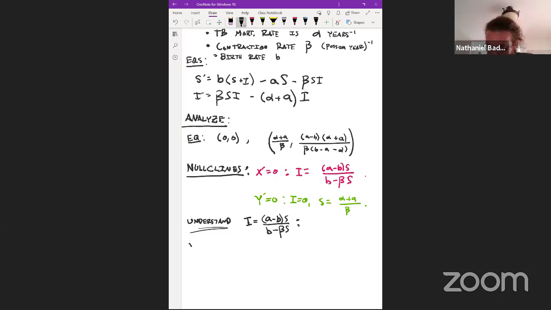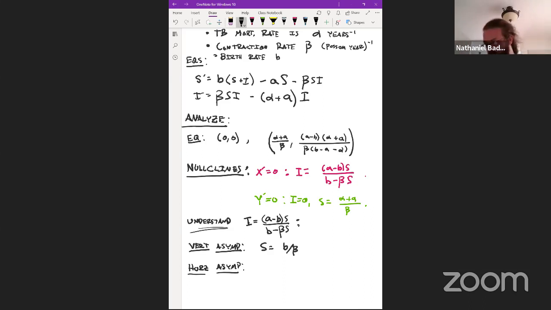So we have a vertical asymptote at S equals B over beta, and we have a horizontal asymptote, which in this case is just going to be the limit. It could be a first order behavior in the numerator and first order behavior in the denominator.